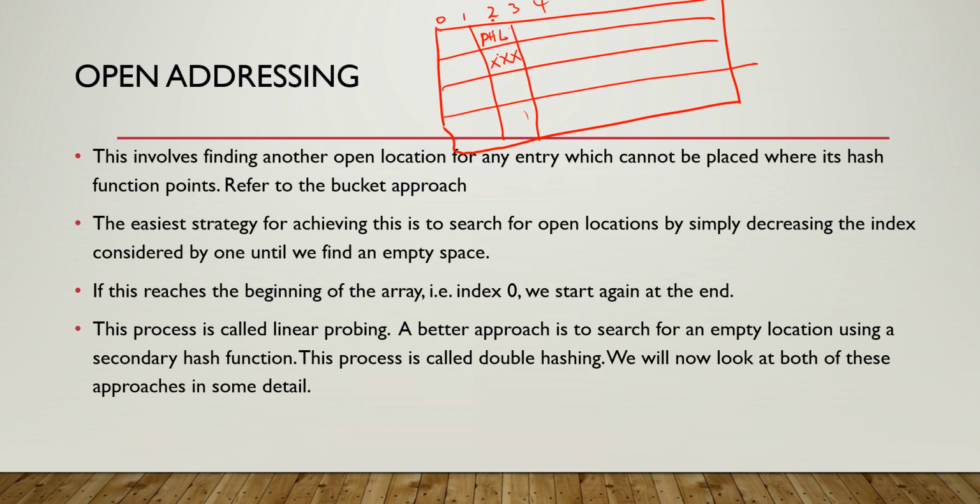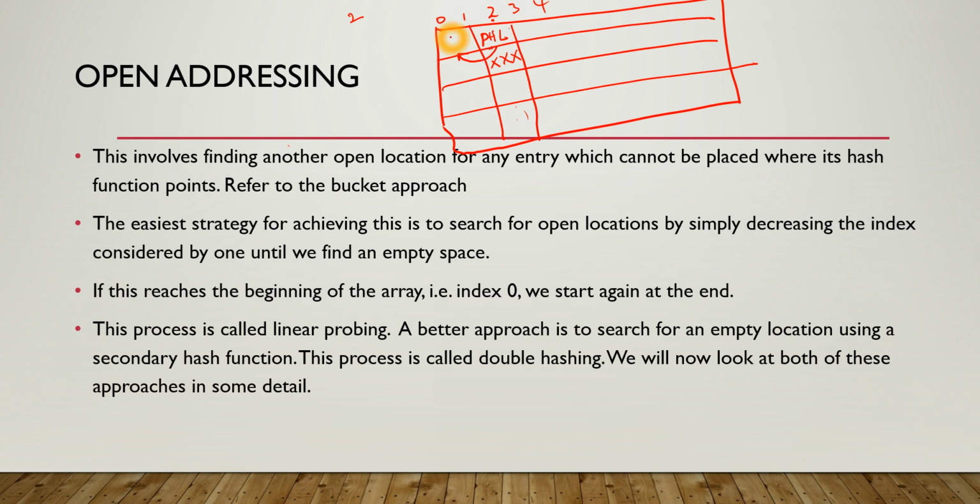Now, instead of creating this, which consumes much space, the open addressing methodology states that the best way is to simply decrease this index. The hash index that we evaluated is 2. So instead of coming to this place and noticing that 2 is already occupied, you just decrease it and come to this place.